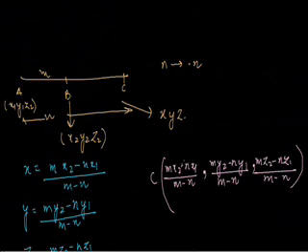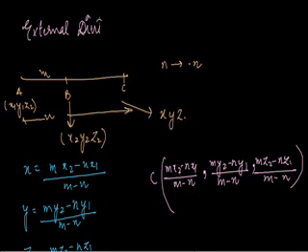Next is external division. So in external division we have points A and B, and the line segment joining AB is being divided in the ratio m is to n by the point C externally.